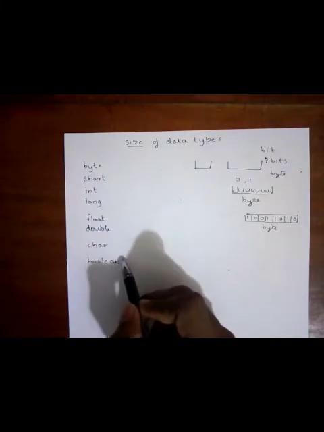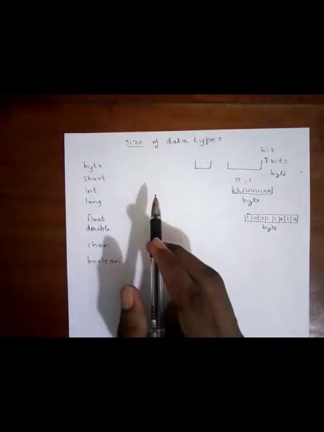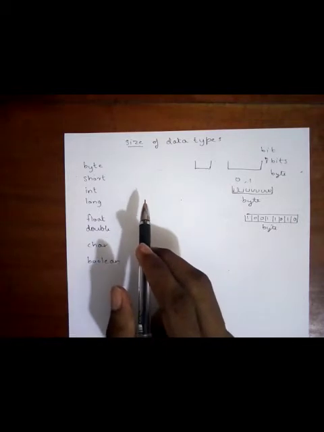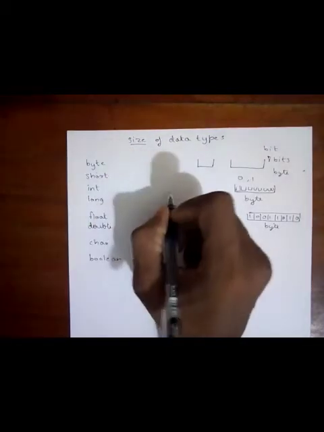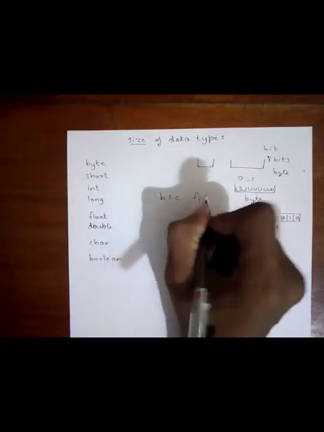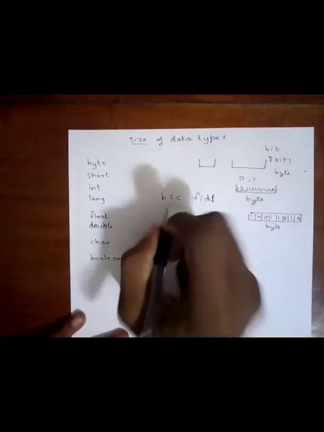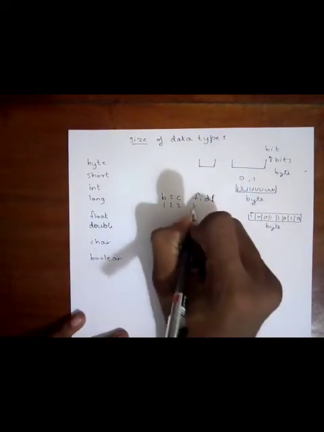So all these data types have different sizes. Let's try to study them. There is a simple trick which my teacher taught me. It's called BSC fiddle. So what is it? 1 2 2 4 4 8 8.